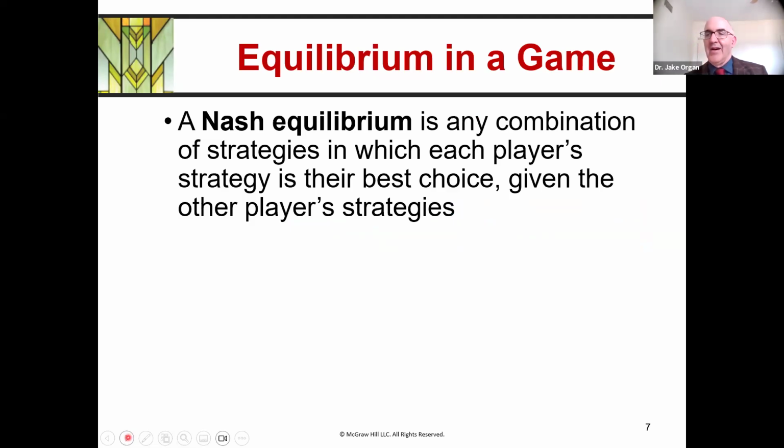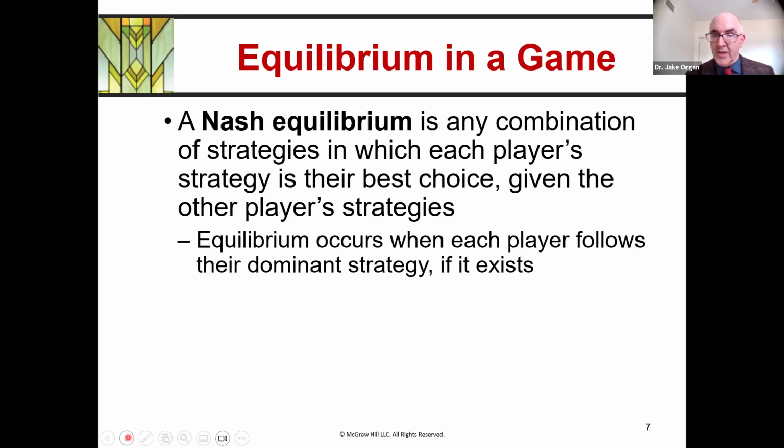There was a film called A Beautiful Mind. It was all about this. It was the famous guy from Gladiator, he was the actor in it, and he played this great mathematician who came up with the idea of the Nash equilibrium. And a Nash equilibrium is a combination of strategies in which each player's strategy is their best choice given the other player's strategy.